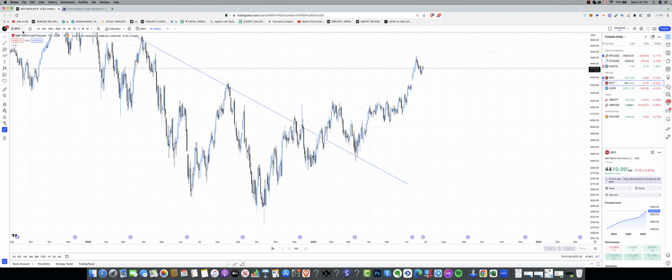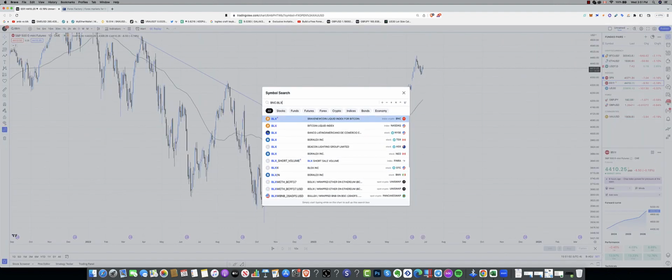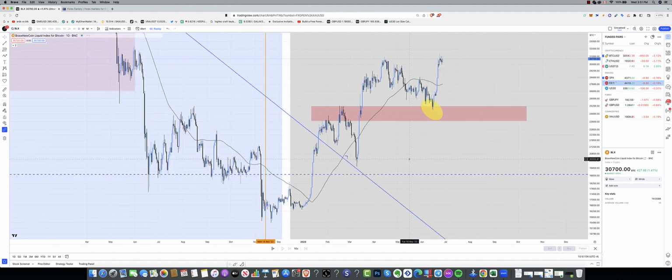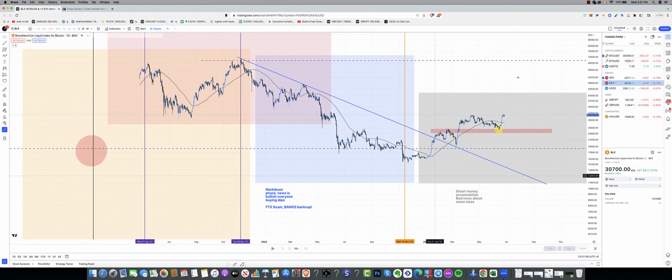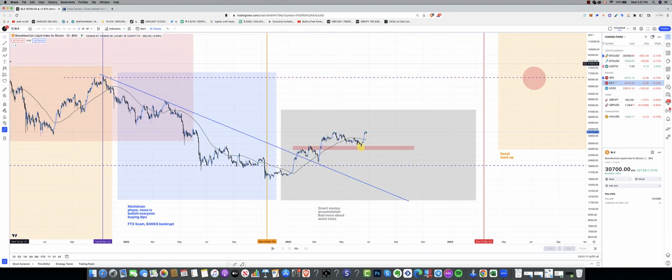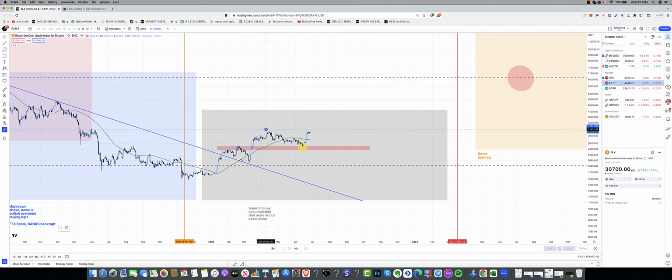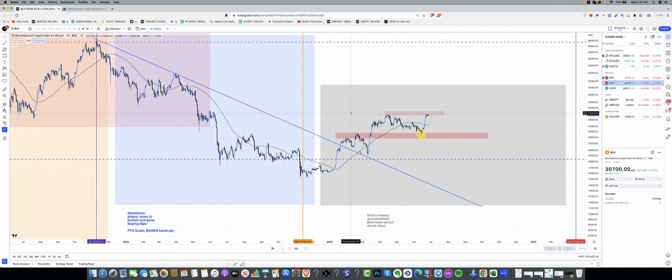So let's look at the BLX. What we're looking for, guys, is that right now price, we may have a retracement in price, and we have had a lot of bullish news with banks opening an ETF and other things. But what you want to keep in mind is that we are at a resistance.